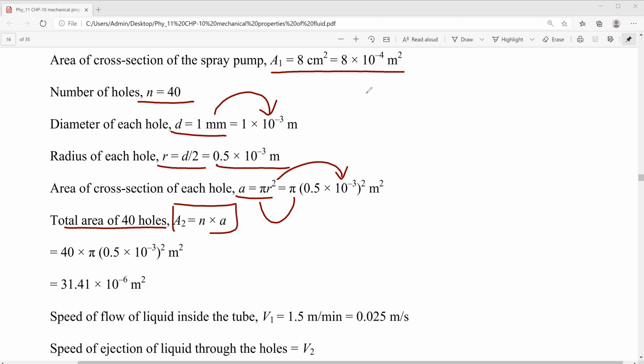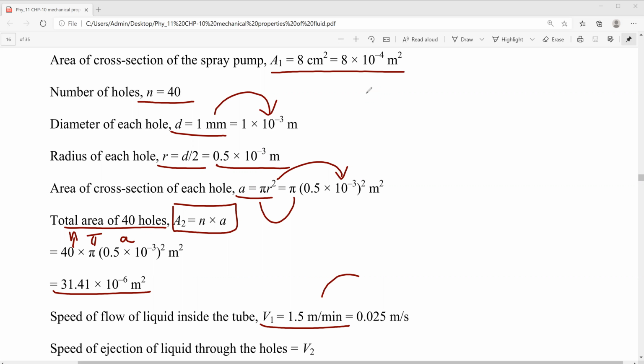The formula we are using is area A2 is equal to n number of holes into area. Here n is 40, the pi value is constant, and the area is substituted. After calculating, we got 31.41. And next, the speed of flow of liquid inside the tube, V1, is given as 1.5 meters per minute.